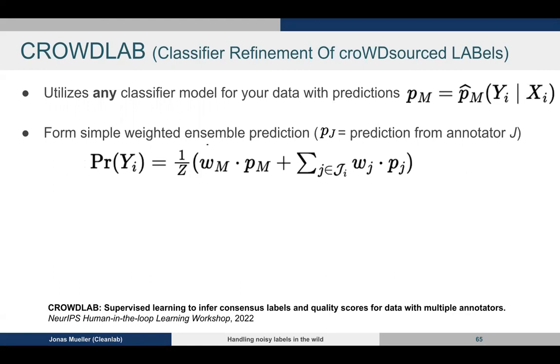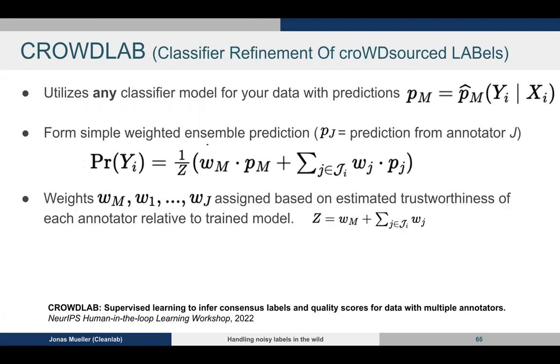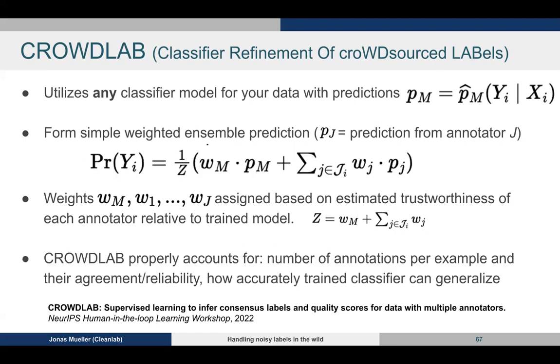You basically treat them as if they're giving you predictions for each data point. And you form an ensemble predictor with weights assigned to the classifier model as well as each annotator. The weights are roughly estimated based on an estimated trustworthiness factor for each annotator relative to the trained model. How good is each annotator relative to the trained model? And for more details, you can refer to our paper below on how we estimate those weights.